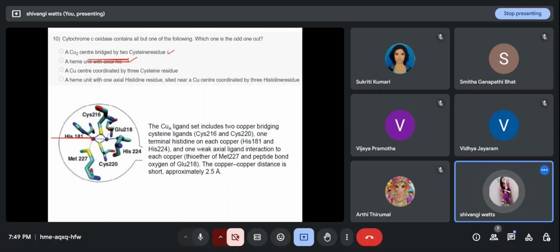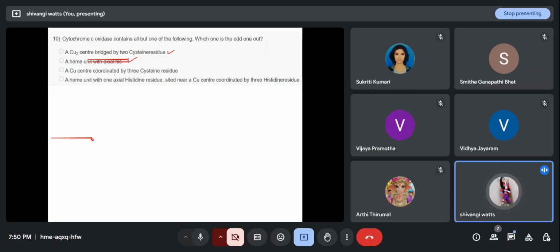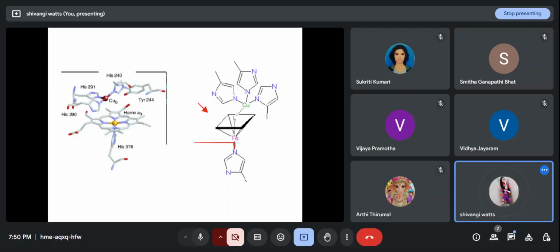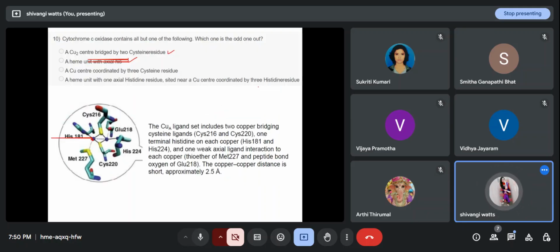And the next is a copper center coordinated by three cysteine residues. But if you will see, here the center is coordinated by three histidine residues, but not by cysteine residues. It means this statement is not correct.